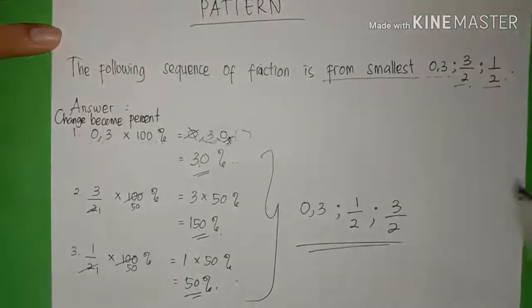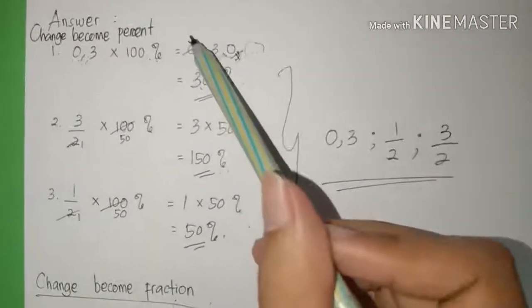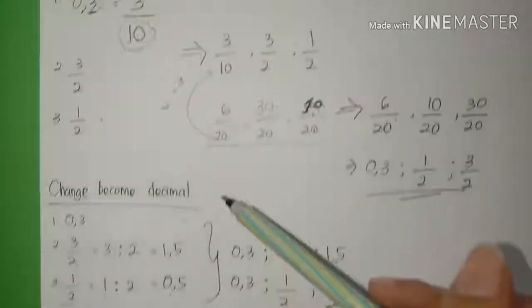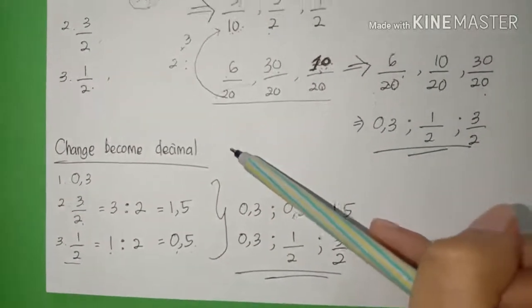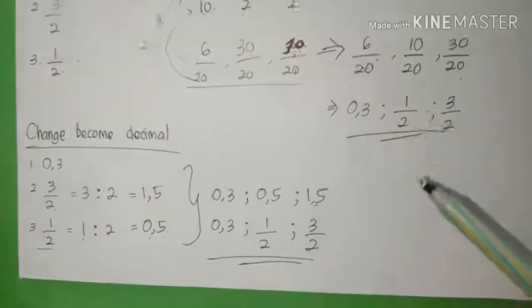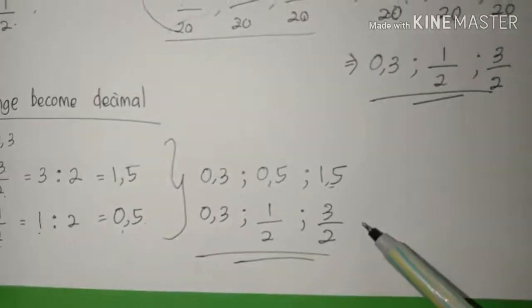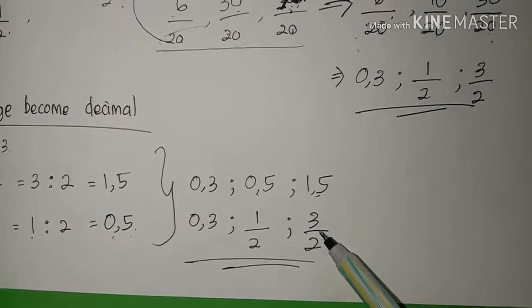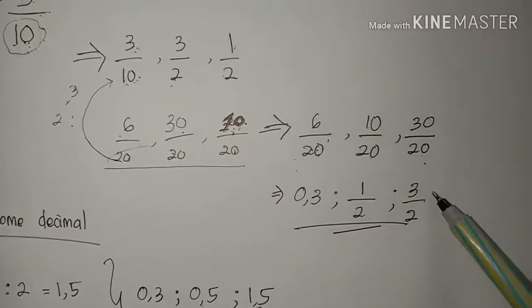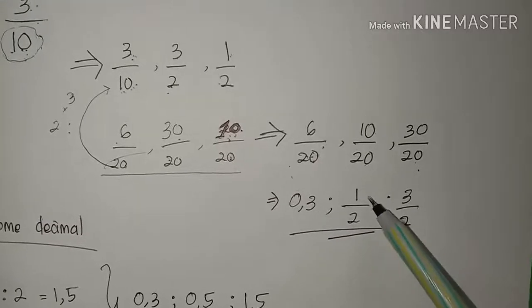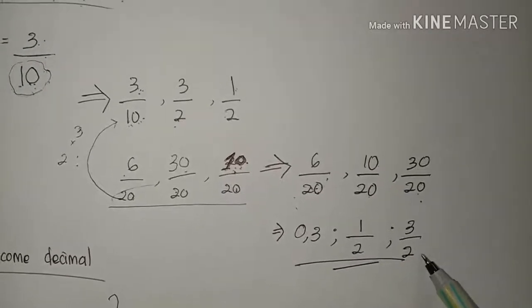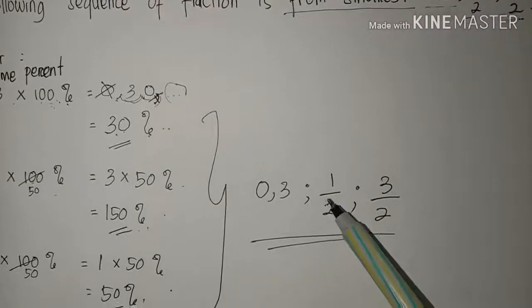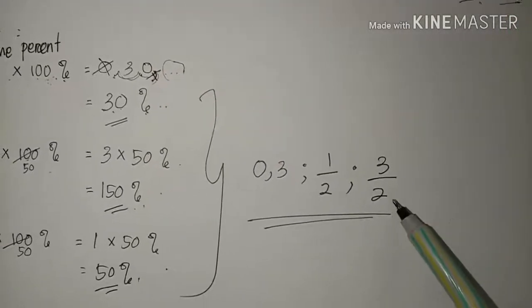We counted all of the ways: change to percent, change to fraction, and change to decimal. The answer in all the ways is the same: 0.3, 1 of 2, and 3 of 2.